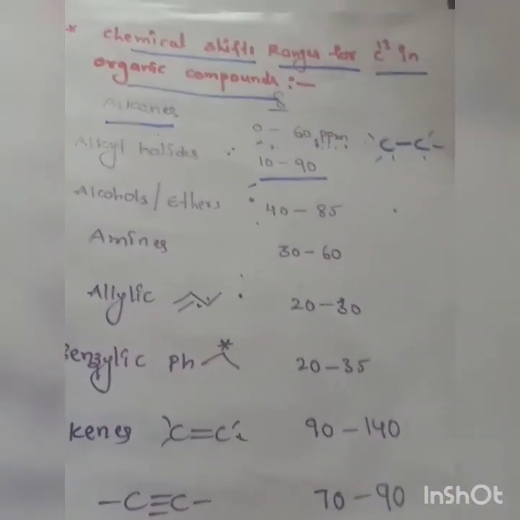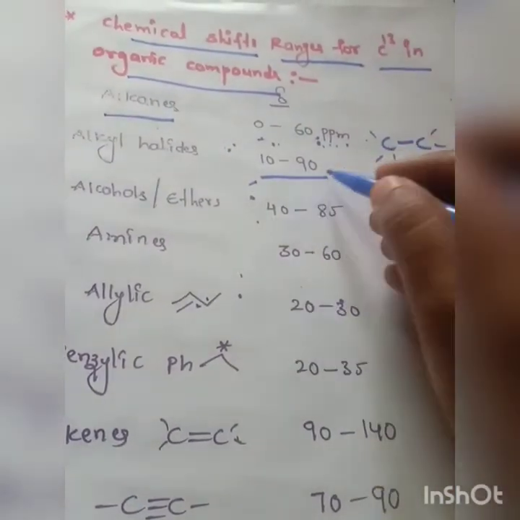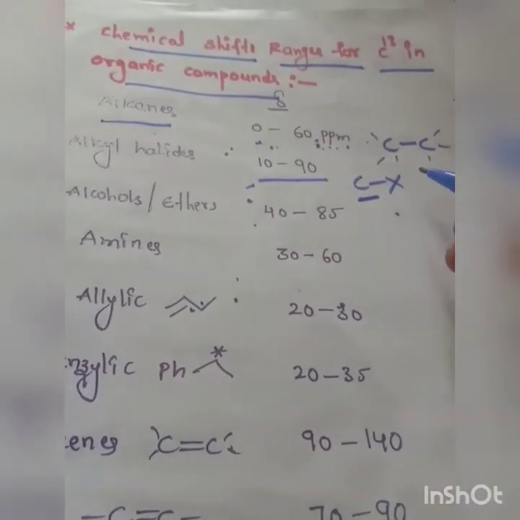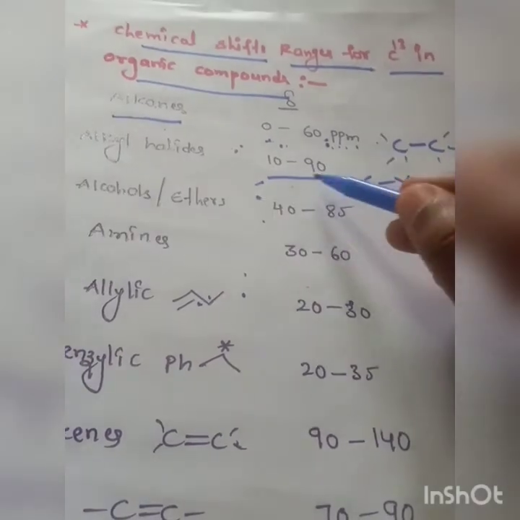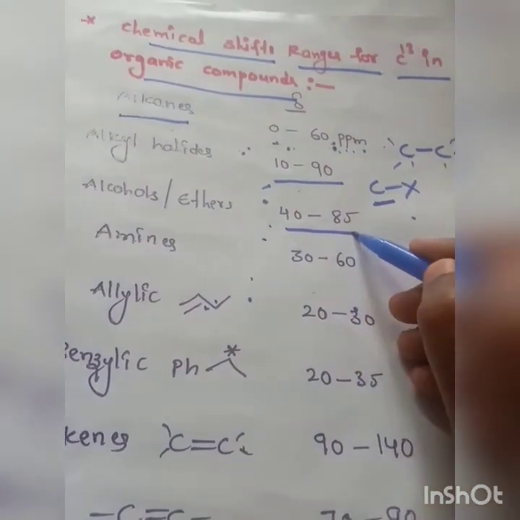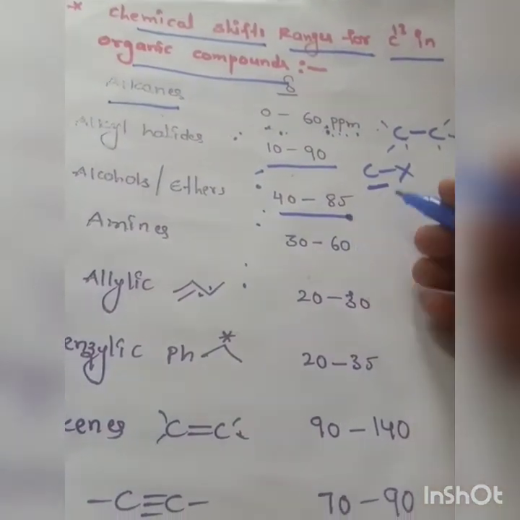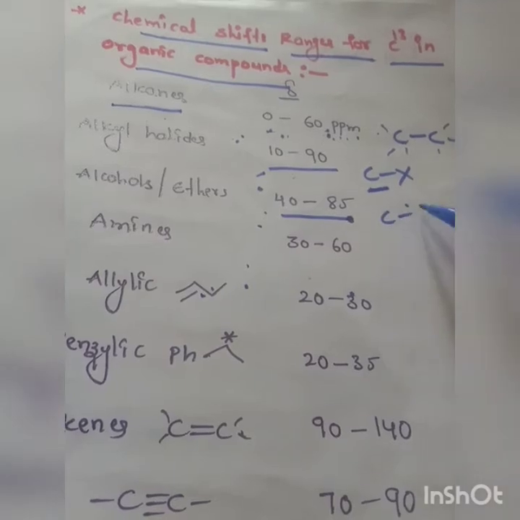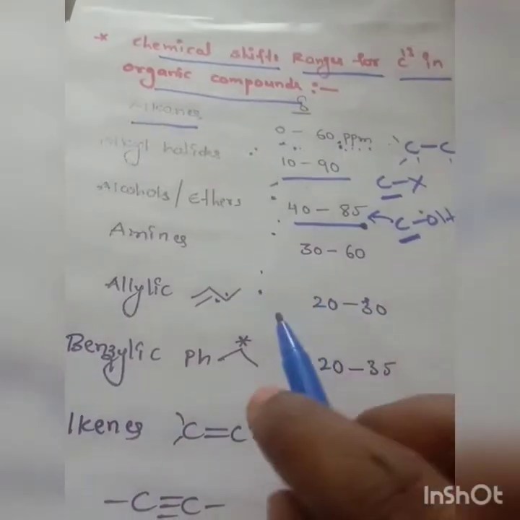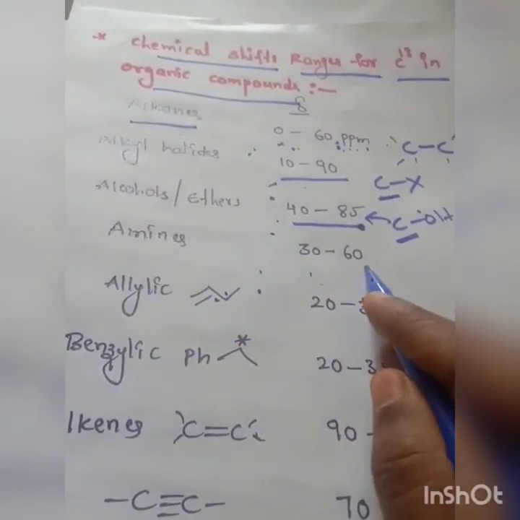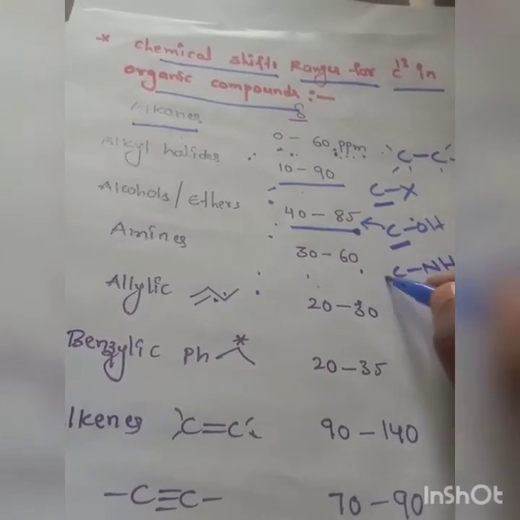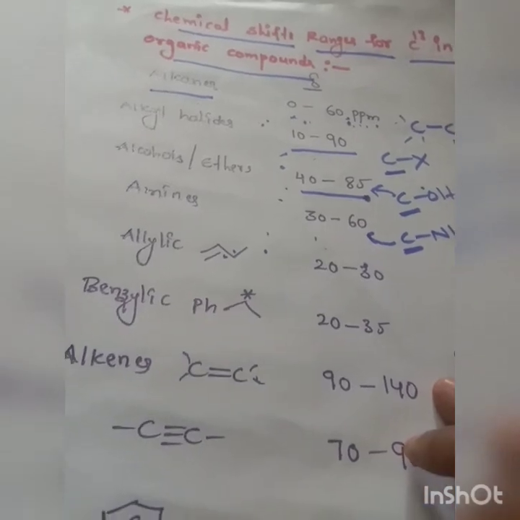Alcohols or ethers, 40 to 85, meaning the carbon attached to OH has a value of 40 to 85. And amines, 30 to 60: the carbon attached to NH2 has a value of 30 to 60.